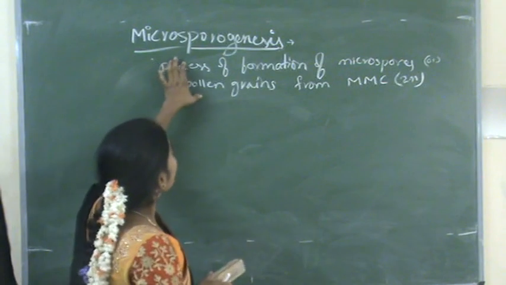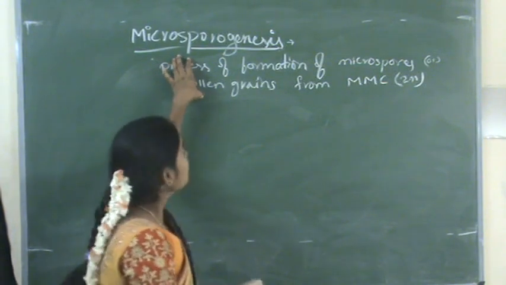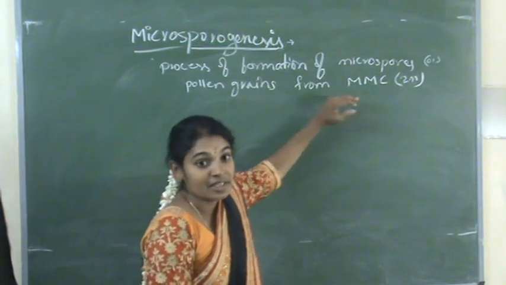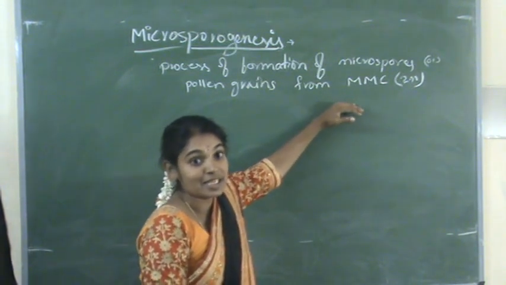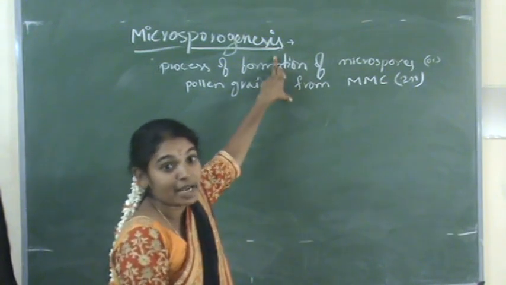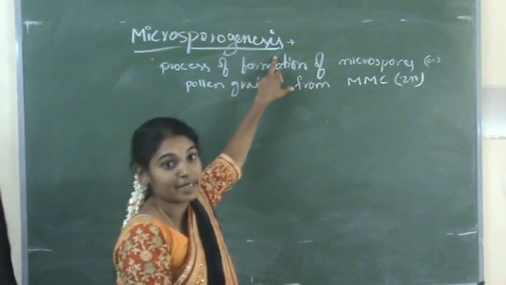In microsporogenesis from the MMC, the microspore mother cells first undergo meiotic division, because these microspores are haploid in nature.